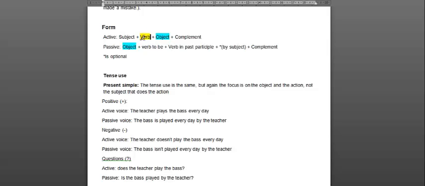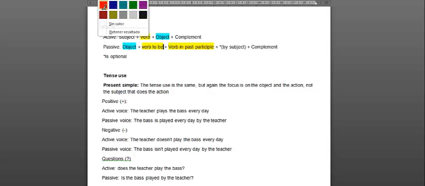The verb, in this case, this verb goes in here, but look at it, verb in past participle. And we add another verb, the verb to be. In this case, the verb to be receives the negative and the tense. We're going to see that later, don't worry.